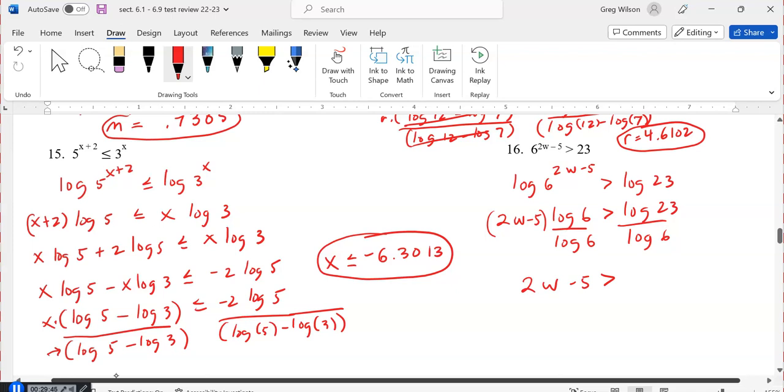And just leave that whole decimal there and wait until you're done solving for w to do any rounding. So at this point, I've got 1.749952641 after doing this division, log 23 by log 6. So now I'm just going to add 5, enter, and then I'm going to divide by 2, enter, and I got w is greater than 3.3750 after rounding.